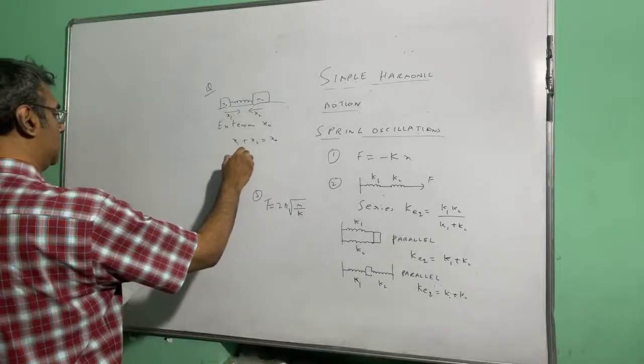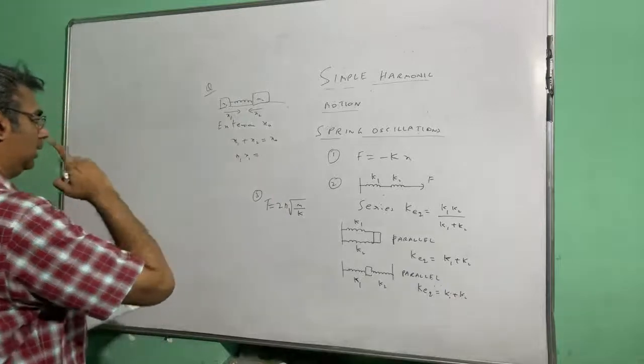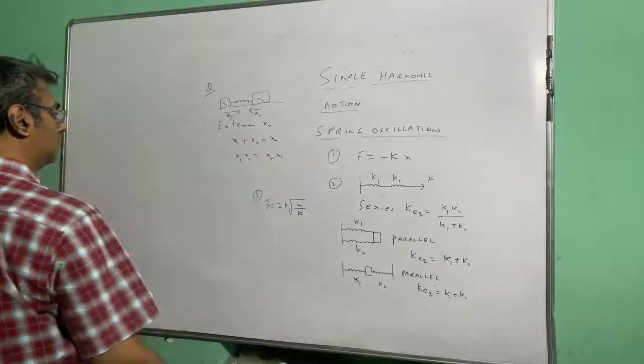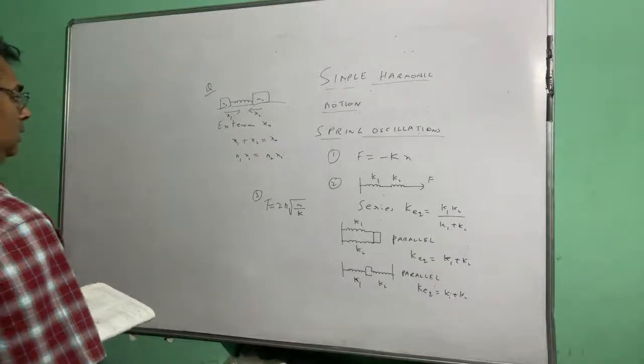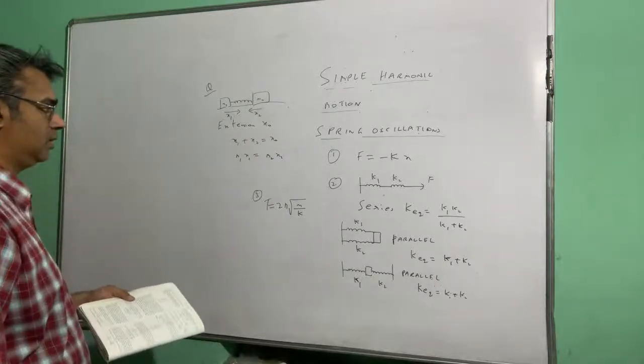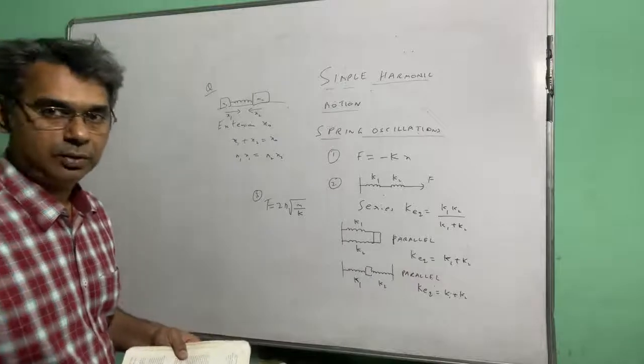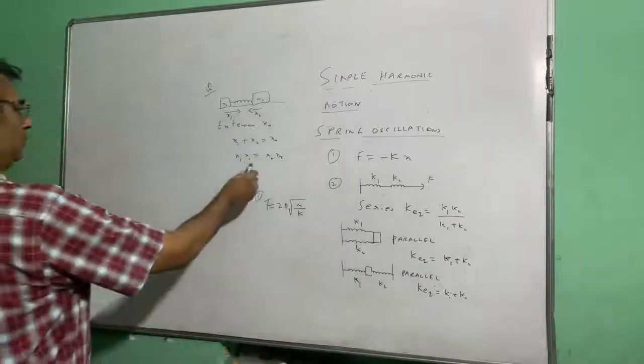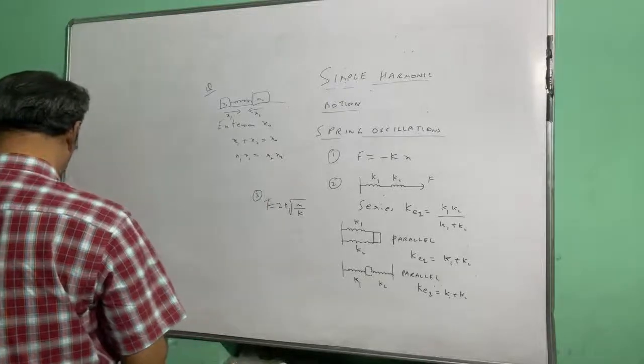Second thing we can say is that the spring force developed due to this extension is an internal restoring force, so there won't be any change of center of mass position. So m1 x1 will be equal to m2 x2.